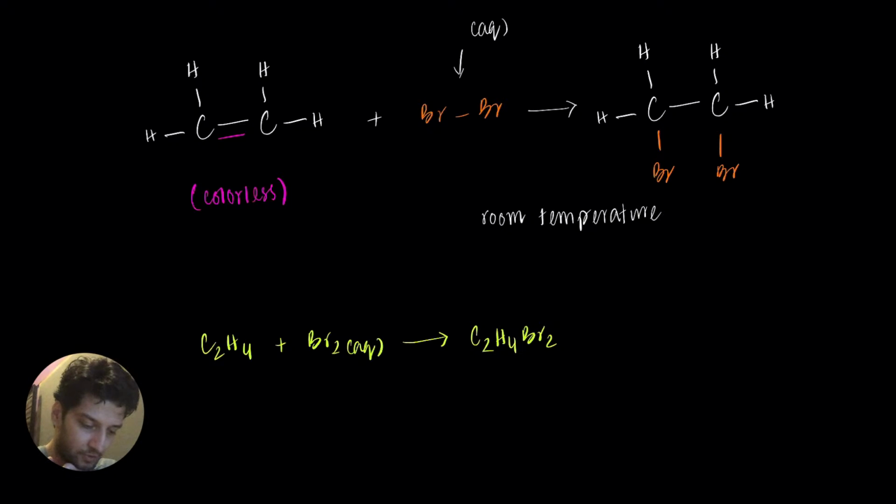I'll just call it orange. He says orange, but he writes in yellow. What do you think is the color of the product? This double bromine alkane is referred to as a bromoalkane, not that you need to know this.